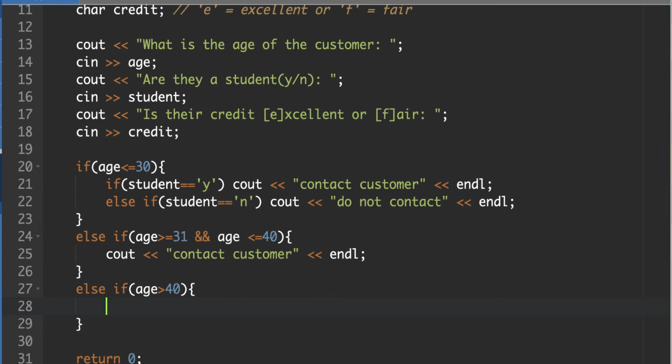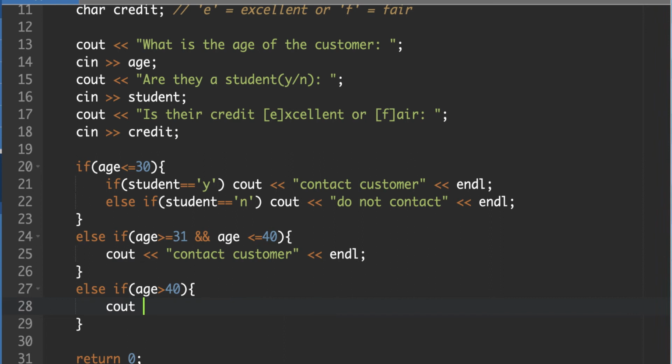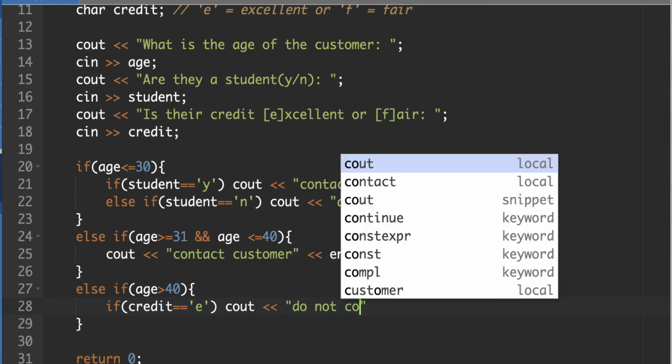So what we'll do here is, if their credit is excellent, we will cout do not contact.